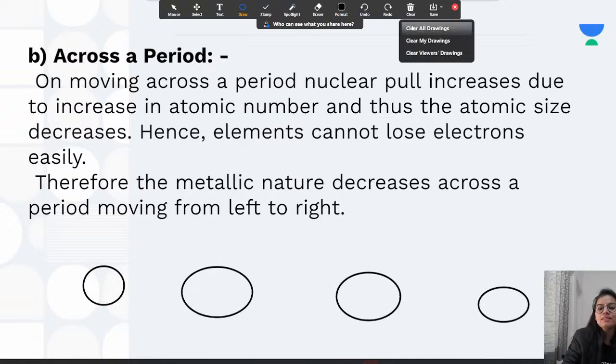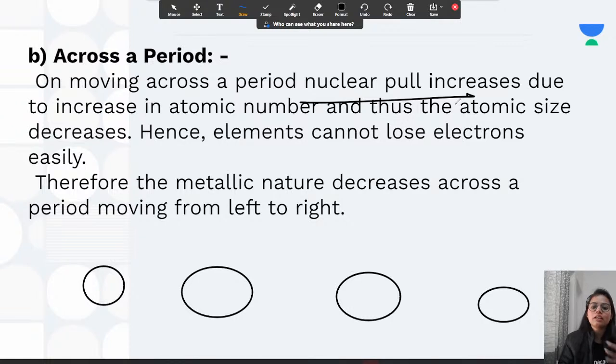Now why is this happening? It is happening because of the nuclear pull. Because there is an increase in atomic number, that is the number of protons, it will be pulling the electrons with greater force. And the greater the force is, the more easily the atom can be shrunk, or the size can be reduced.